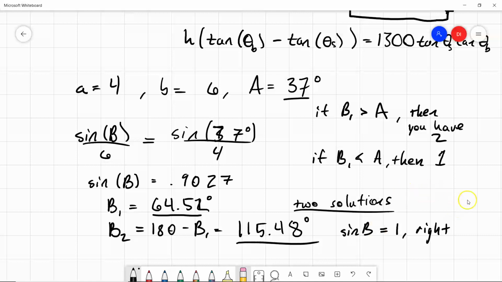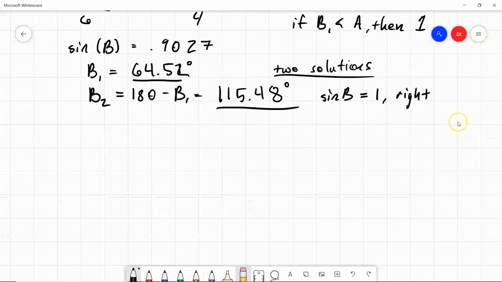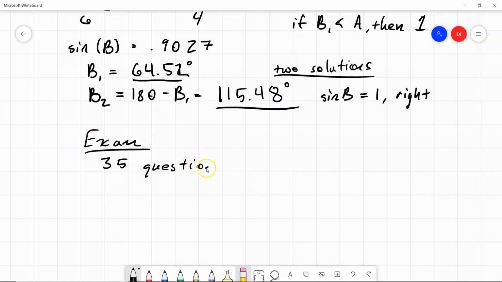So let's talk about the exam then. Your exam is going to be 35 questions. It's going to be printed out, and you are going to have a formula sheet. I believe this is going to be the same formula sheet that you get on your test.